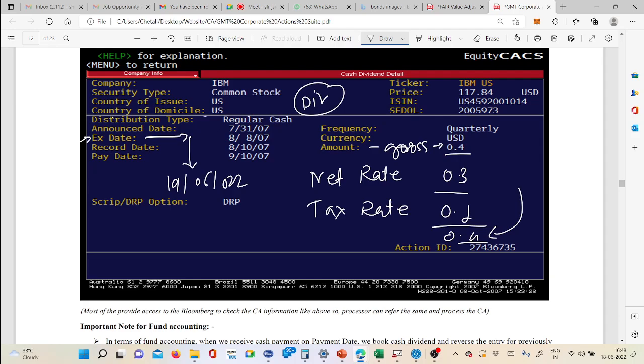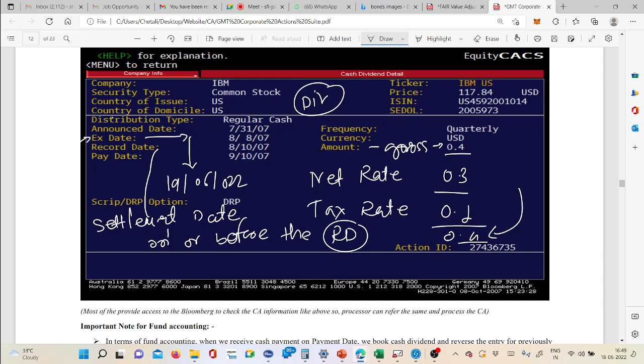What about the record date? Eventually it's a settlement date. So the trade should be settled on or before the record date. On or before the record date means the actual settlement date would be your record date.